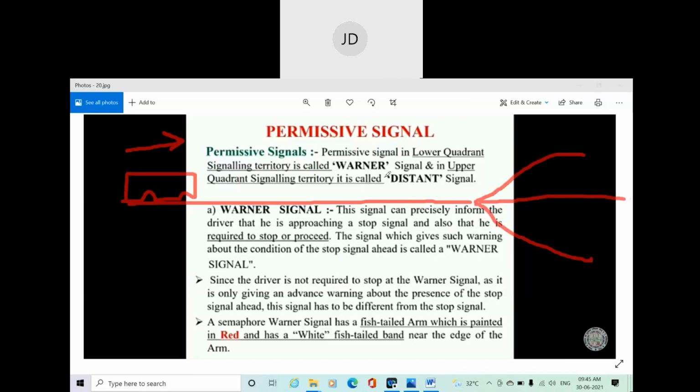Before the nearby station there will be a stop signal here. Suppose this is your stop signal, and the train is approaching the station from a distance. Before the stop signal there is also a warner signal.